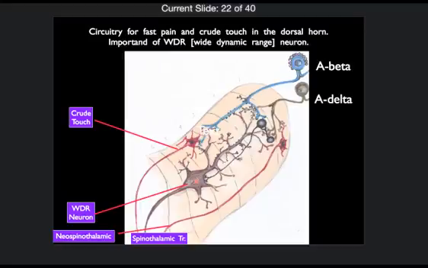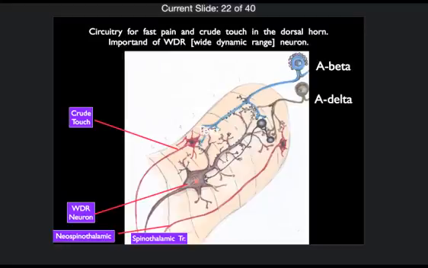And the A delta is inhibitory to the inhibition to excite the WDR, and at the same time the A beta, which is for position to know where the instigating noxious stimulation came from, because this is innocuous. It's innocuous in contrast to noxious that comes from A delta.